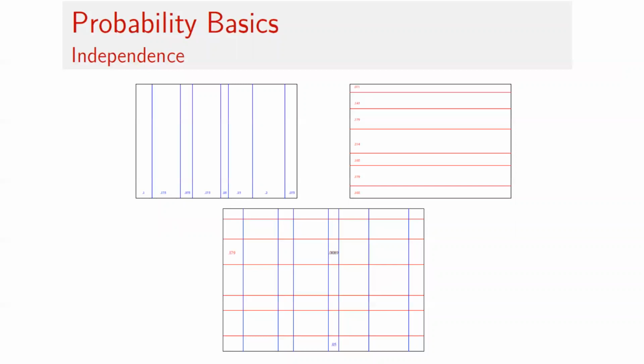So here we have an example. In this example, you can imagine that the dart launcher is throwing darts at the grid shown here at the bottom of the slide, the last one at the bottom. You can see that the grid is divided in such a way that the upper left figure shows the probability of landing in vertical stripes.